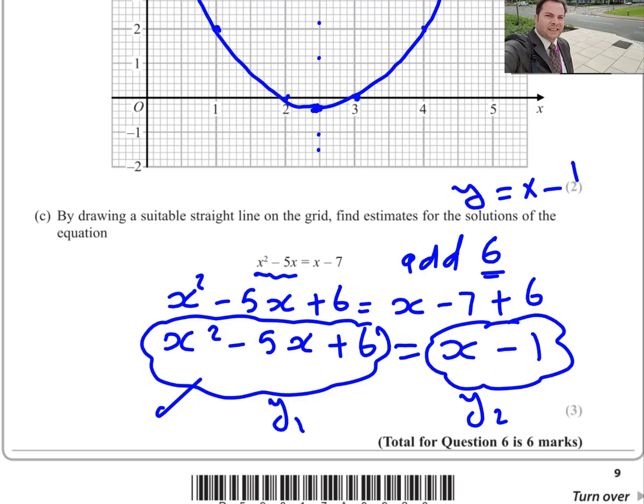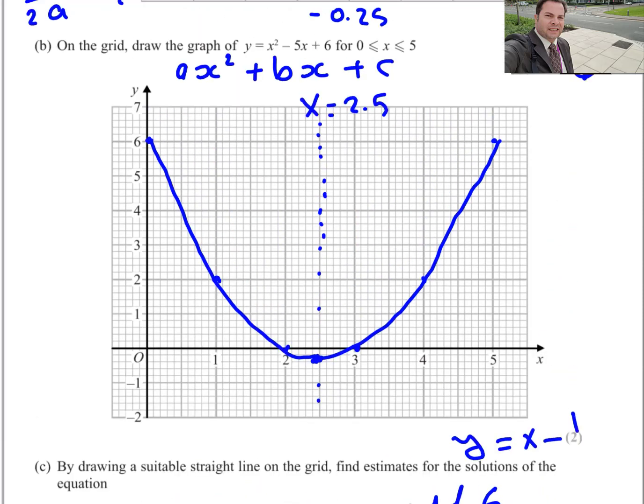You can draw this line directly, since the y-intercept is minus 1, or you can find any 2 points on the line. You can form a table like this, x and y. I need just 2 points. If I replace x with 0, the answer will be negative 1.